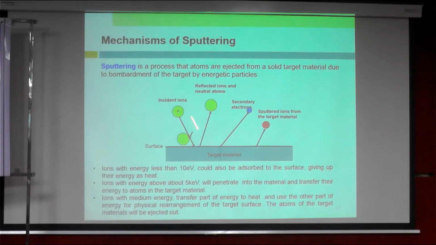Ions with medium energy transfer part of the energy to heat and use the other part for physical rearrangement of the target surface. The atoms of the target material will be ejected, and then you can deposit on your material.